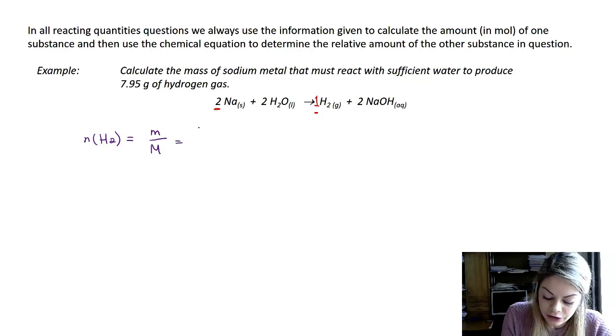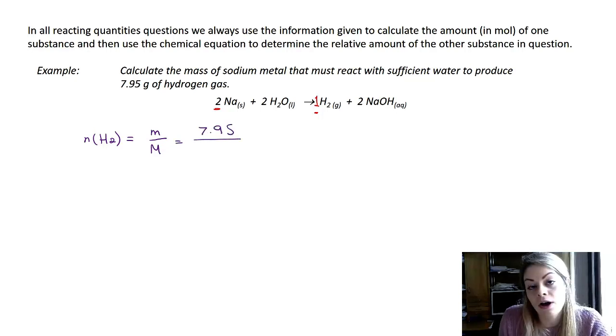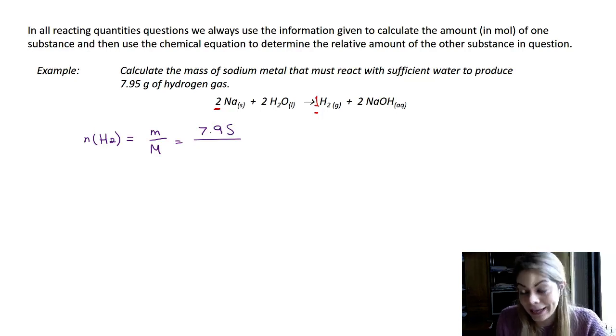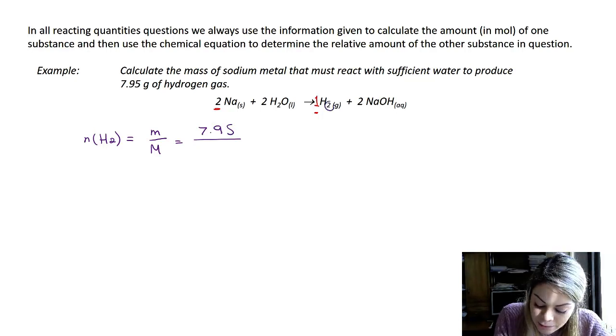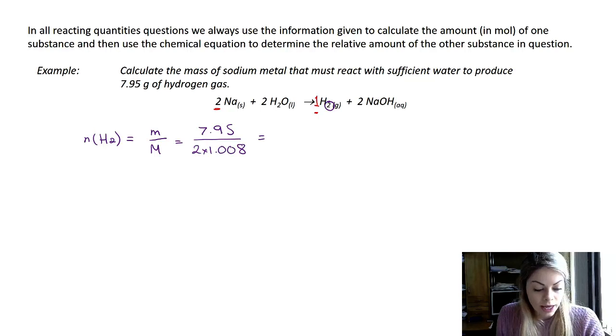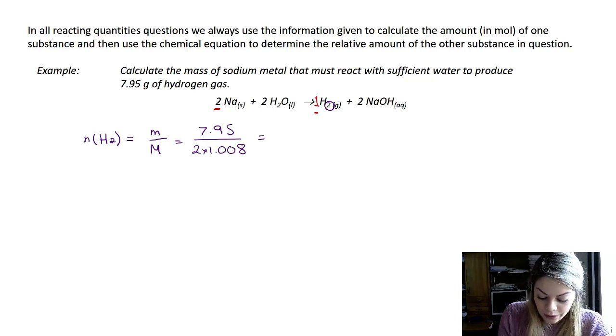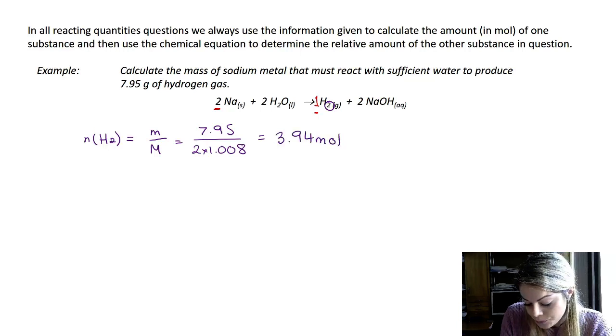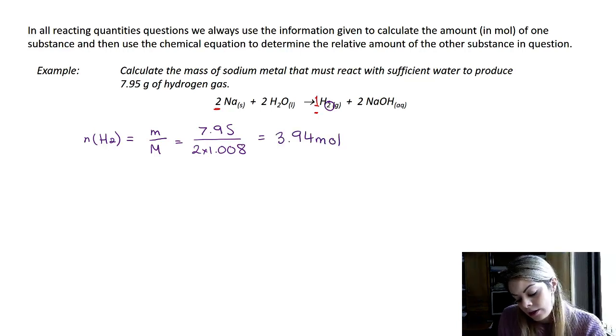So the mass of hydrogen gas is 7.95. The molar mass of hydrogen is 1.008, and in a molecule I have 2 of those. So 2 lots of 1.008 is the molar mass, and that gives me 3.94 moles of hydrogen gas.